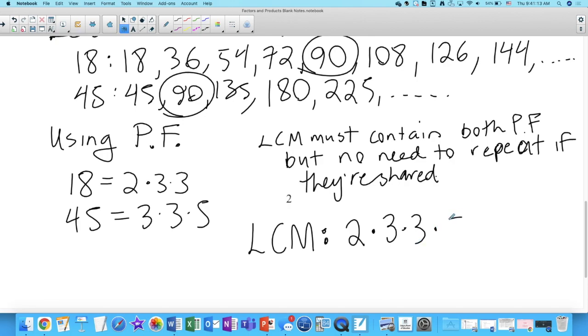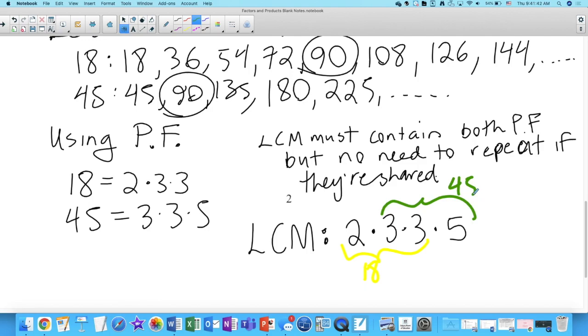Okay, so I don't have to repeat them if they're shared, but I have to make sure that I've got everything covered. Now what you can see is this piece is 18, and this piece is 45. Does that make sense?